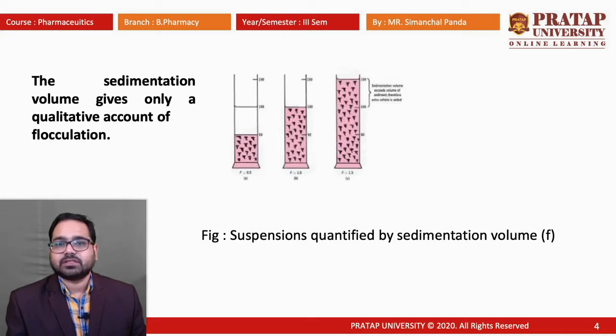After some time, the solid phase, due to the action of gravity, starts to sediment and occupies a lesser distance. The height becomes a little less, and after a long time it decreases again, and we can find the ratio F, that is the sedimentation volume. The sedimentation volume gives only a quantitative account of flocculation. The suspension is quantified by the sedimentation volume, written as F.